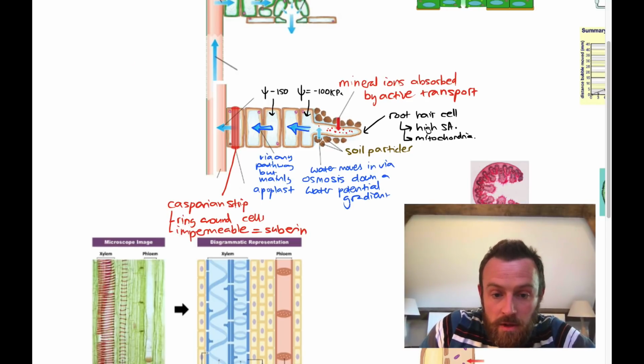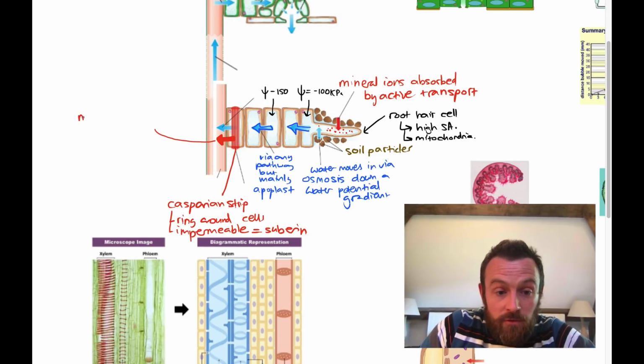So here, actually, let's draw another arrow in red, because there's a process that's happening here, which is the same process as the previous red arrow we drew, which is active transport, okay? So that's what's happening here, this thing here.